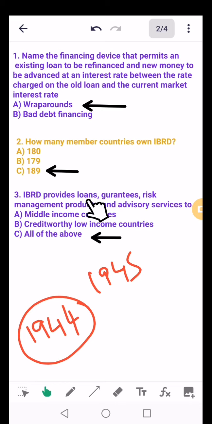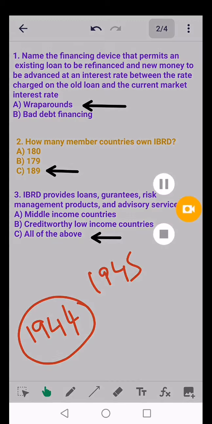IBRD provides them to middle income countries and credit worthy low income countries, not to all low income countries, but only to the credit worthy ones.